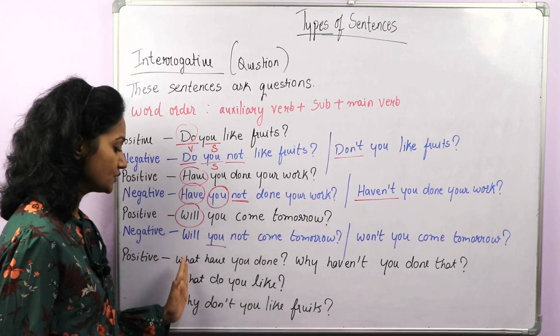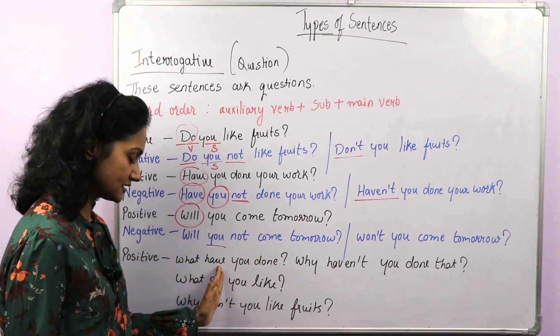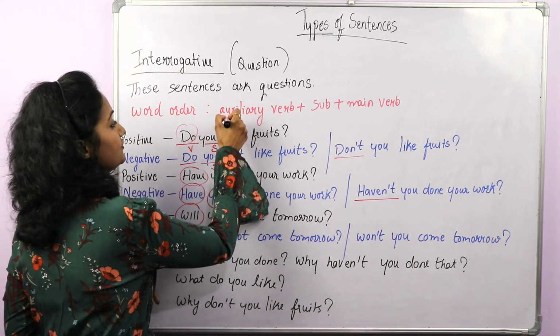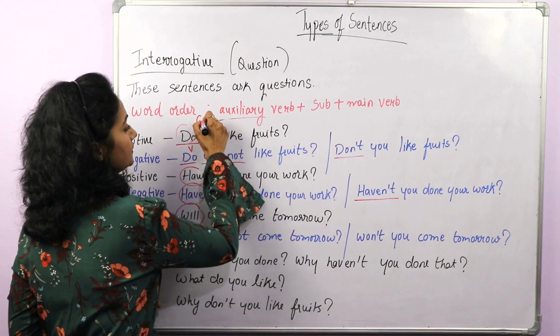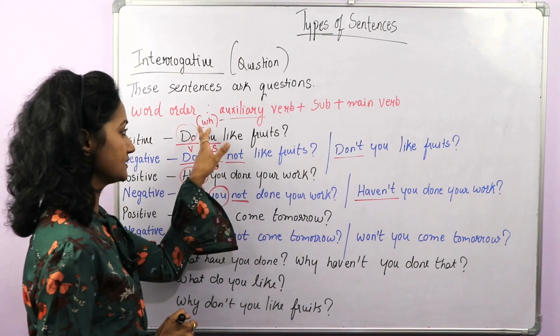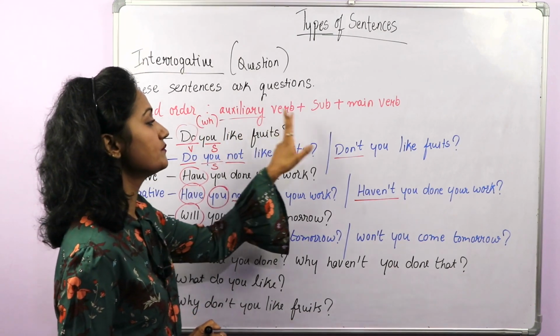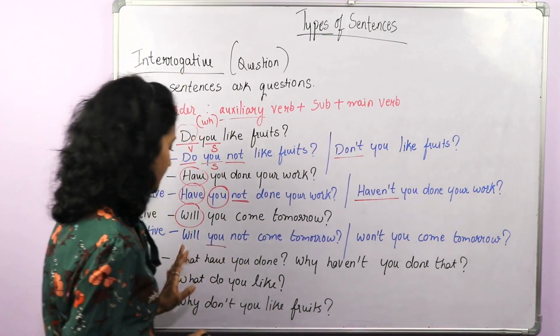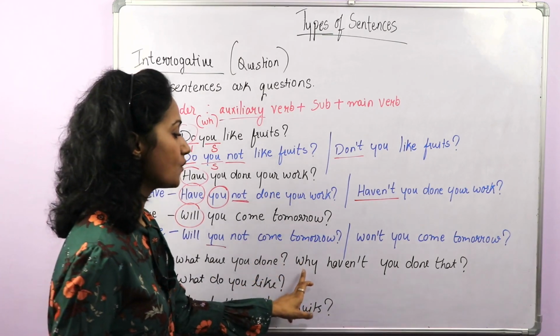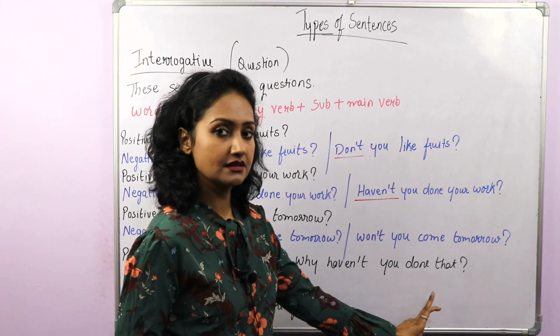So first the WH word, and then the auxiliary verb and then the subject. Same rule, but before the auxiliary you will have the WH word. So WH word plus auxiliary verb plus subject plus main verb. What have you done? Negative: why haven't you done that?